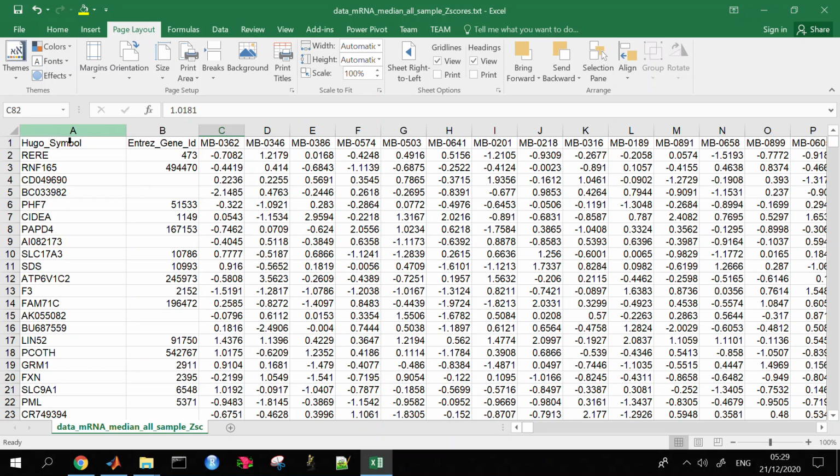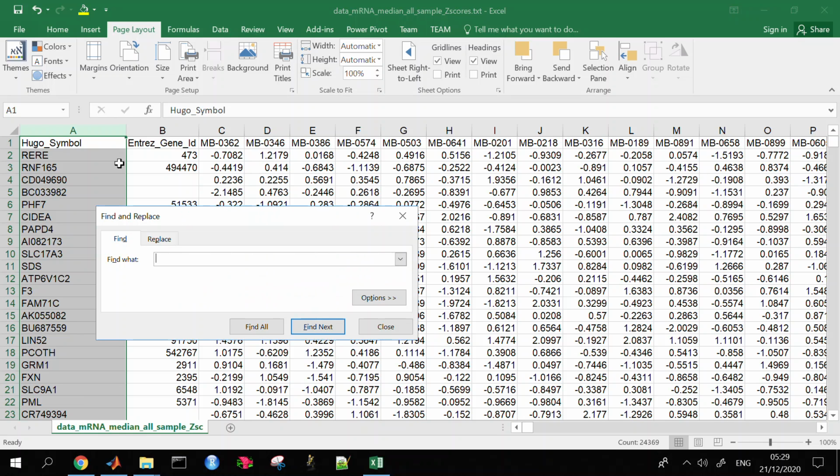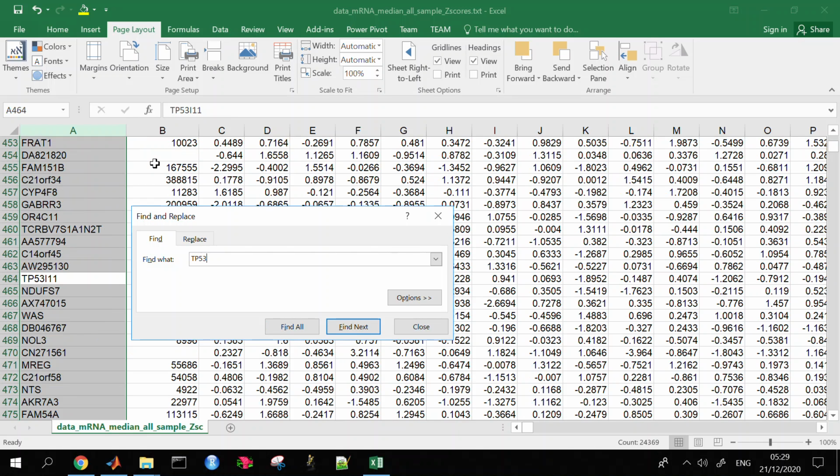Now, what you want to look for is your main driver gene. Driver gene is a gene where accumulation of mutations in it might cause cancer. Okay, so let's look for this driver gene. And no, this is not what we are looking for.